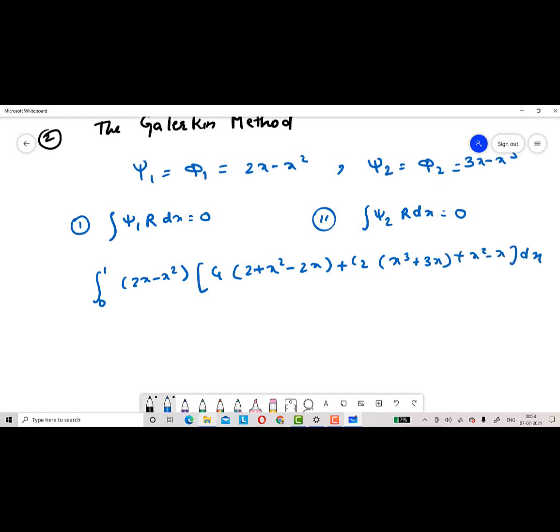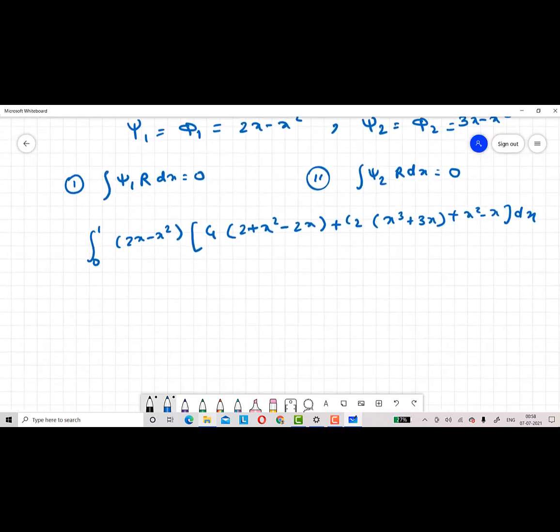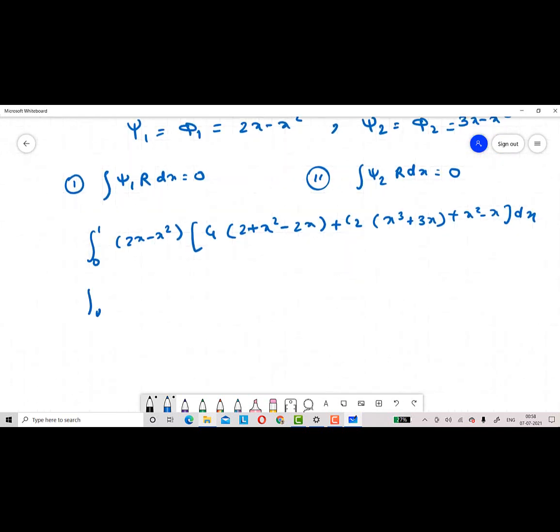I am solving this one by one so that if you have difficulty in calculation, it will help you. So finally C1, 2x minus x square, multiplied by 2 plus x square minus 2x.